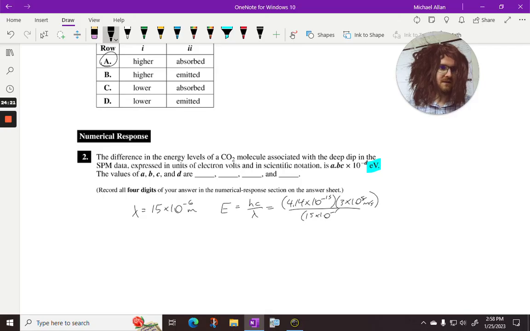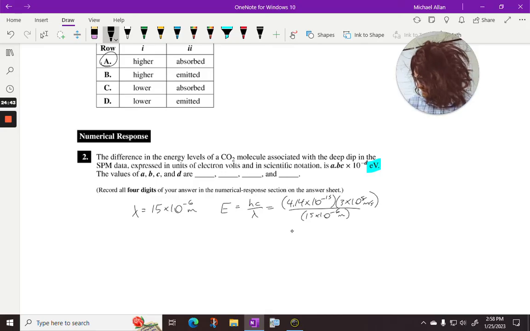I don't have to put all the numbers in proper scientific notation as long as I have the proper times 10 in the right spot. Okay, let's see what we have here. Divided by 15 times 10 to the negative 6.